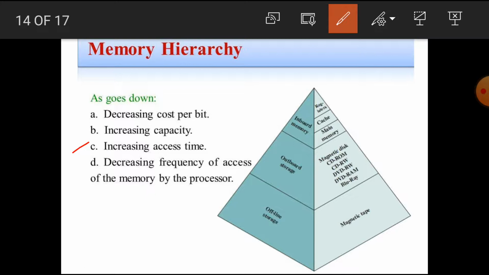Here, as we go down, the access time increases. That means the access time required for the register memory is less than that of the magnetic tapes. The next one is decreasing frequency of access. Here the register memory or cache memory requires more frequency of access than magnetic tapes, magnetic disk, etc.